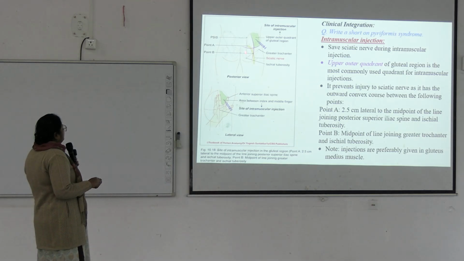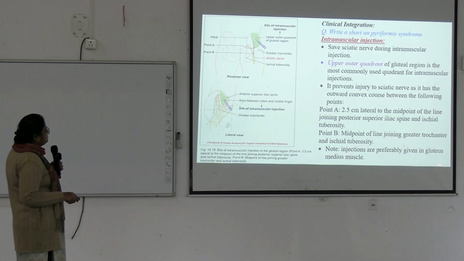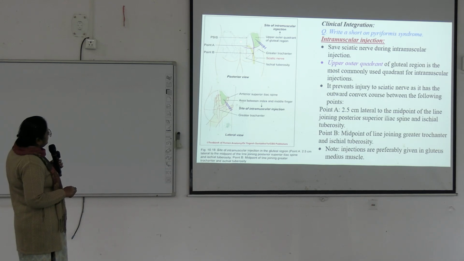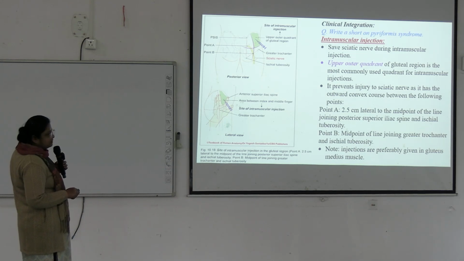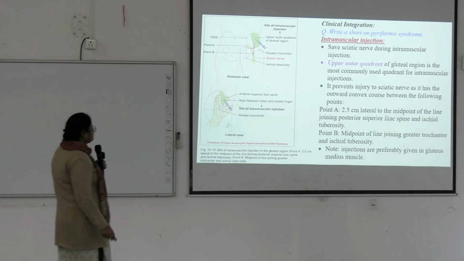Point B is the midpoint of the line joining greater trochanter and ischial tuberosity. In between these two, the nerve has an outward convex course.